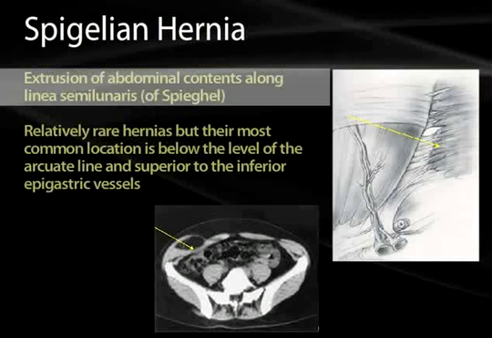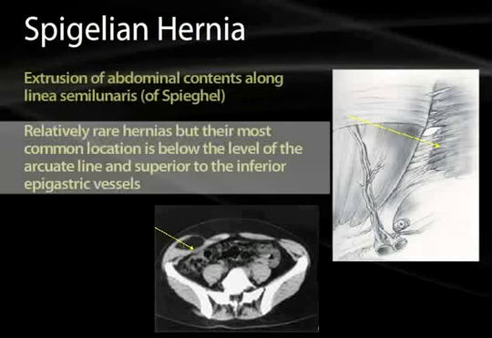They're always going to be lateral to the inferior epigastric vessels, and they'll typically be below the arcuate line. And it's that arcuate line that's the designation difference between the various layers of the rectus sheath.